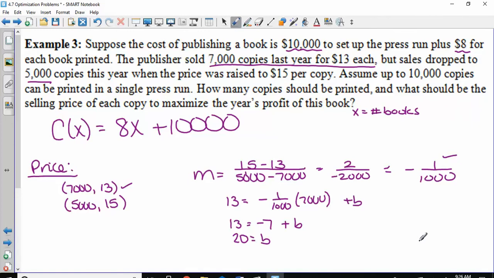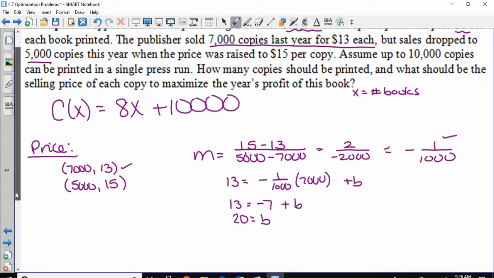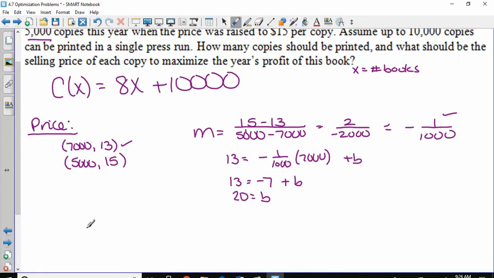My intercept is 20. So this means my price equation. It's kind of confusing. Your book uses capital P for profit and lowercase p for price. So just be aware of that. So my price, my lowercase p, is negative 1 over 1,000 x plus 20.